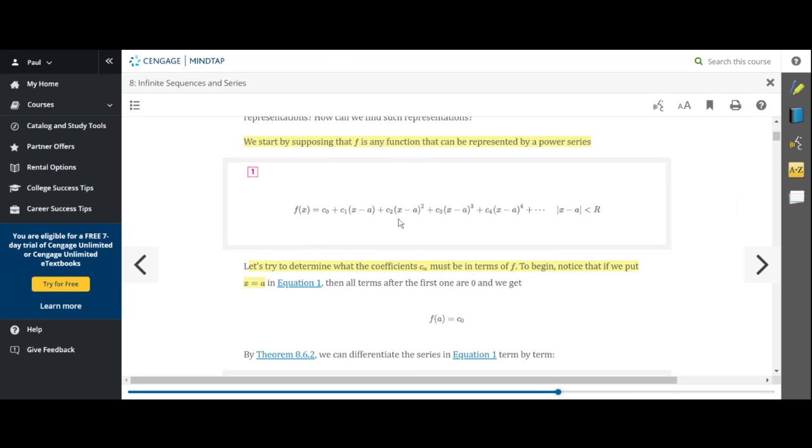The third term is c2 times x minus a squared; if you put x equals a in there, you get c2 times 0 squared, that's 0. So when you let x equal a, all the terms drop out except c sub 0. That means c sub 0 is equal to your function evaluated at the number a. So we have a formula now for c sub 0.